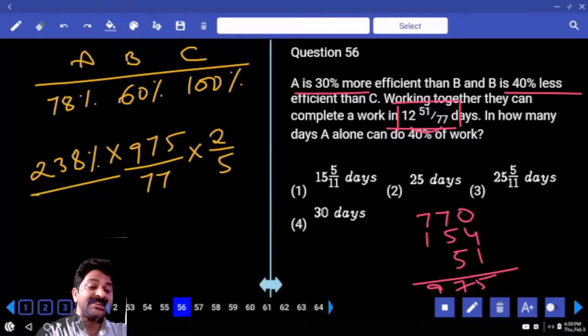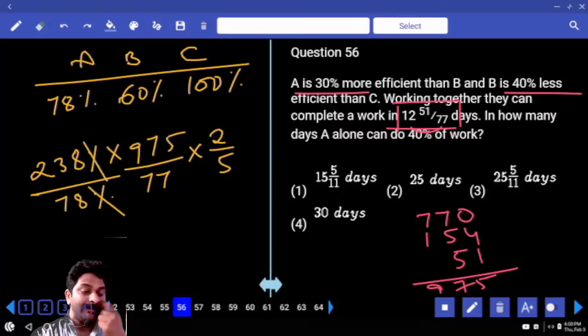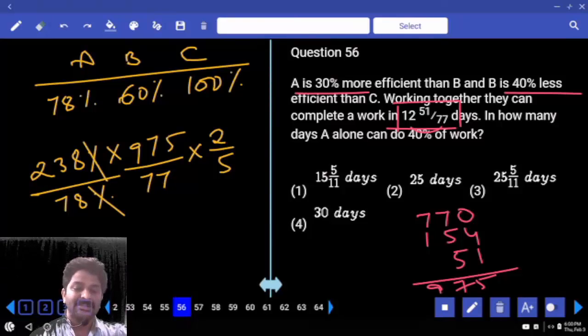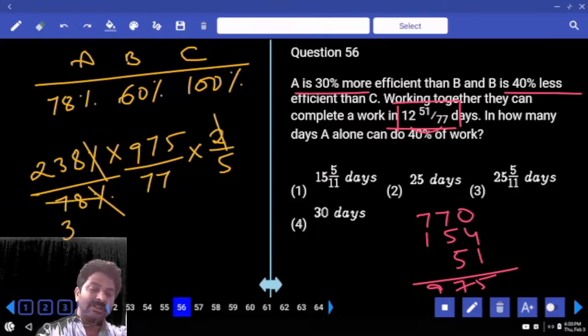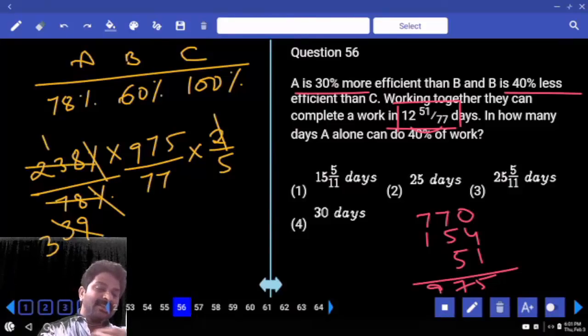What is A's efficiency? 78%. The percentage gets cancelled. So now cancellation here: 2 into 39, 13 3 times, 13 once, and 108 we have 13 8 times.